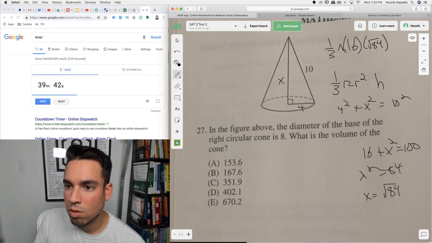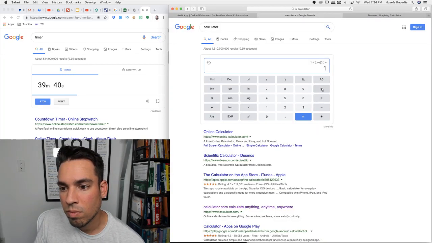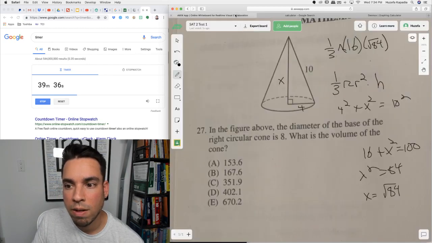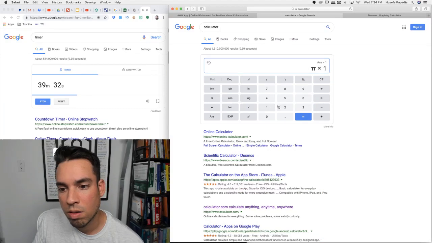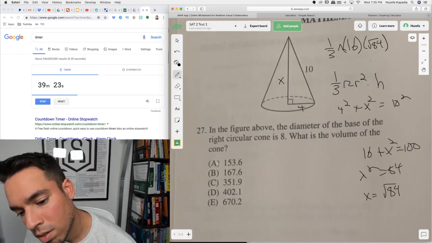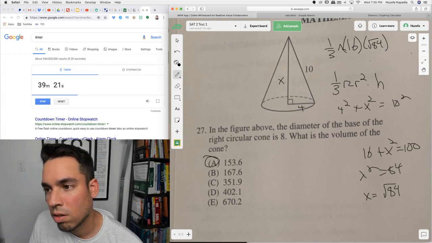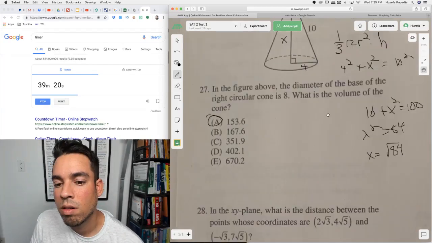Okay, I'll do the 1/3 at the end. I'll divide by 3. So it's pi times 16 times square root of 84, and then we divide it by 3, and it's 153. It's this one.